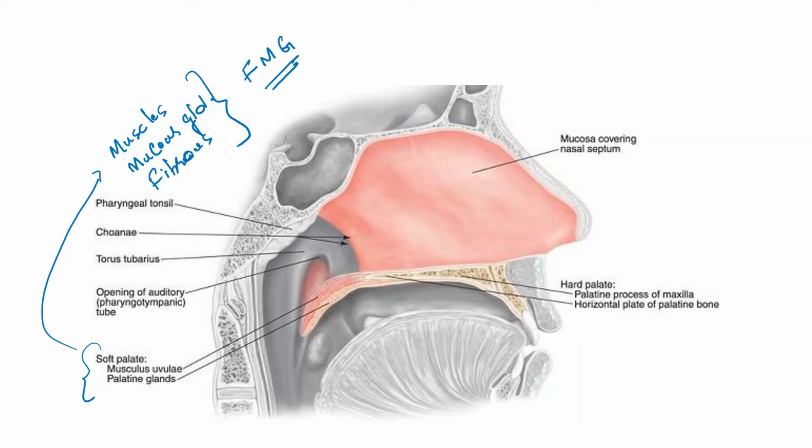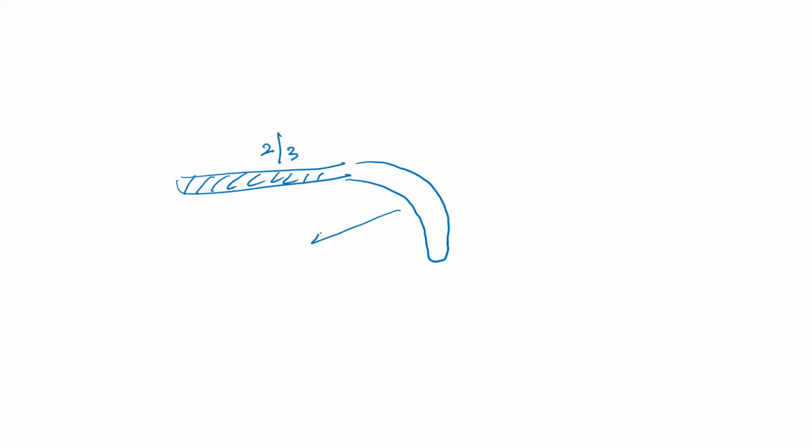Moving on to the presenting parts of the soft palate. This soft palate is quadrilateral in shape and it presents two surfaces and two borders. It is the curtain which hangs down into the oropharynx. So roughly, if this is the hard palate, anteriorly the posterior one-third is formed by the soft palate, directed downwards and backward.